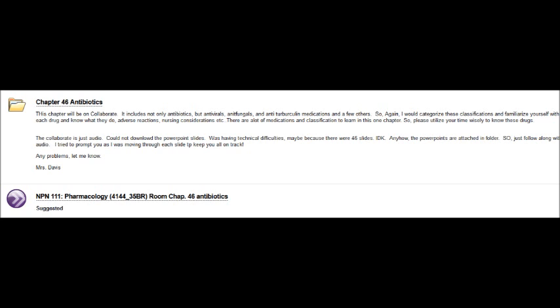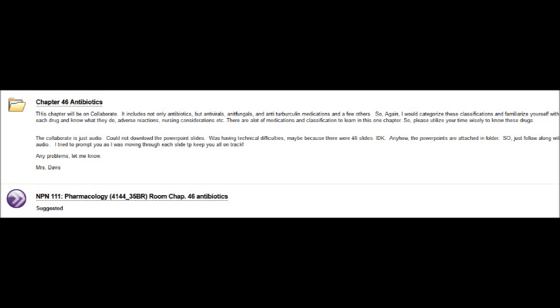Common adverse effects of these antibiotics you need to be aware of and what you report to the healthcare provider in case they do develop side effects to these medications. And of course, you want to educate your patient to take the entire course of antibiotics to prevent any microbial resistance to the antibiotics, and do not stop until the whole antibiotic that was prescribed has been completed.